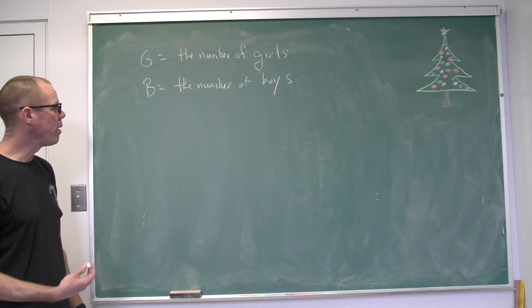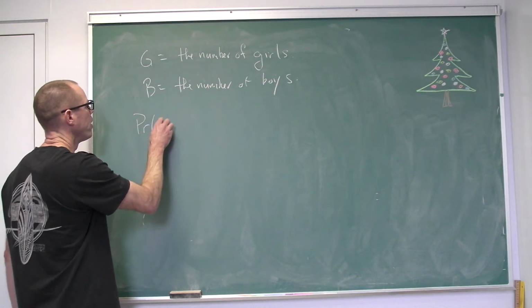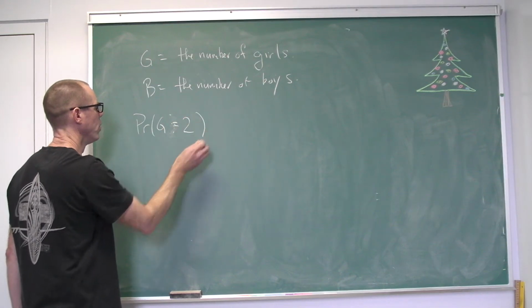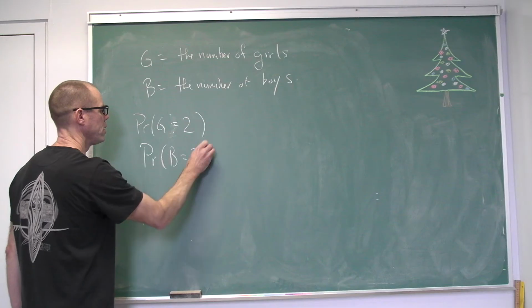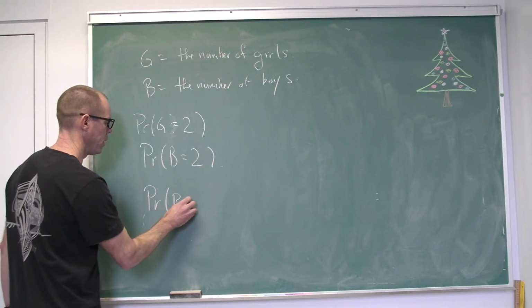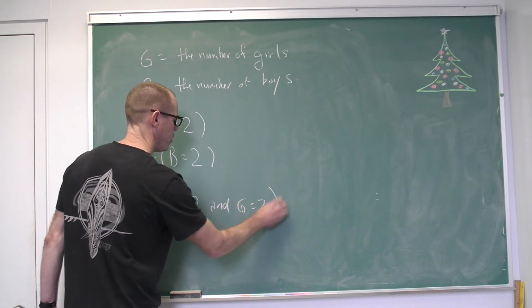the definition of independence by looking at what's the probability that G is equal to 2, what's the probability that B is equal to 2, and what's the probability that B is equal to 2 and G is equal to 2.